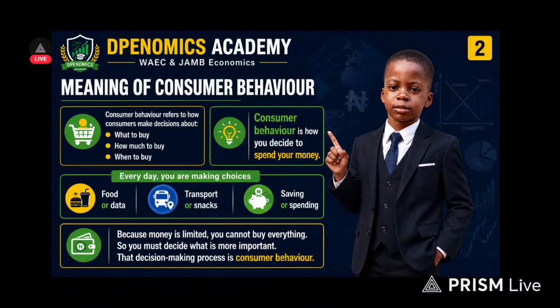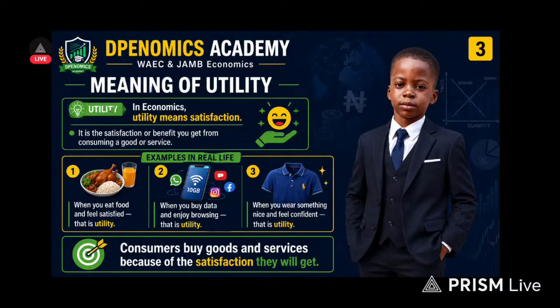Now, we can say consumer behavior is also called utility. We're going to understand the concept of utility. In economics, utility means satisfaction. So when you hear about utility, it is talking about satisfaction. How satisfied are you with a product?